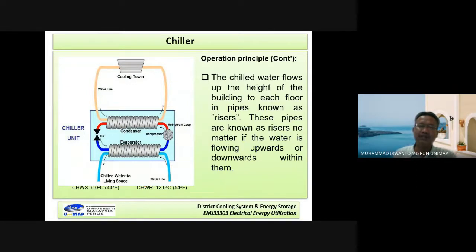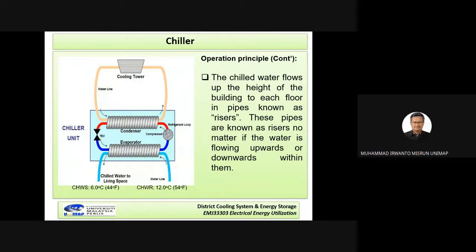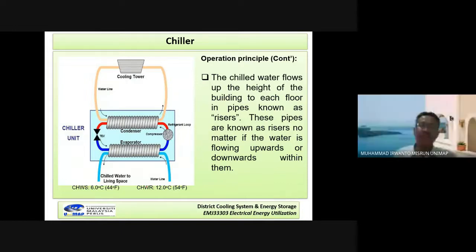After that is finished, it goes out through this pipe at a high temperature, around 32 degrees Celsius, and goes to the cooling tower, and comes back with a lower temperature.